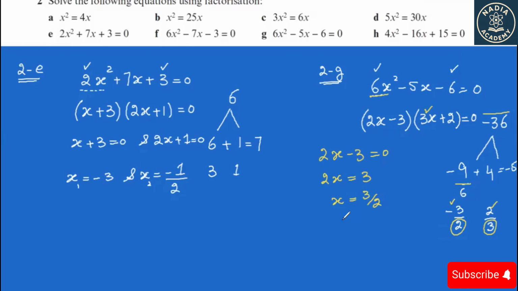From the second factor, which is 3x plus 2 is equal to 0, this 2 on the other side will be negative, and 3 will divide. So we will get negative 2 over 3. So these are our two solutions of this quadratic equation, 3 over 2 and negative 2 over 3.